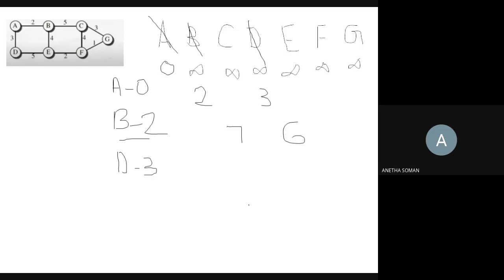Now I have to find the adjacent nodes to D. The adjacent nodes to D are E and A. A is already finalized, so you don't need to consider it again. Now check it for E. The distance will be 3 plus 5, which is equal to 8.